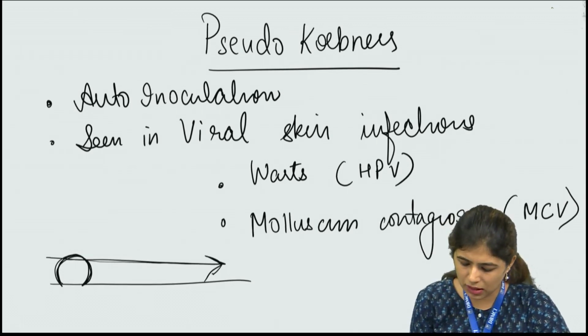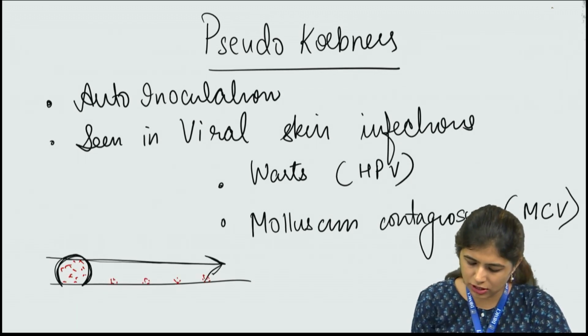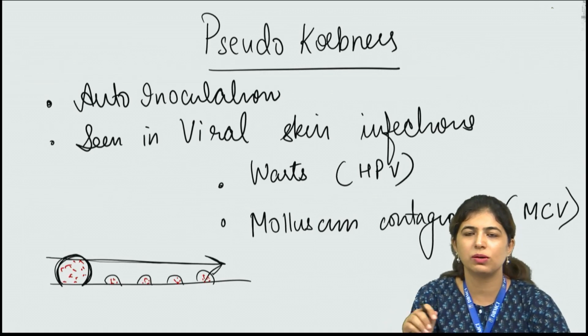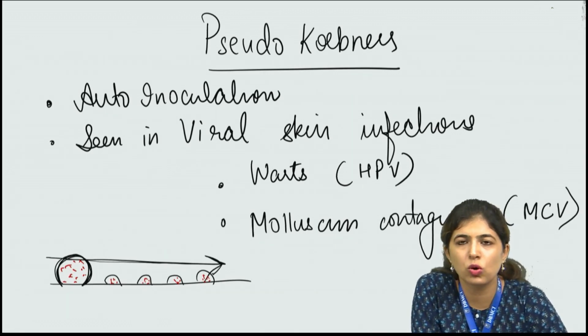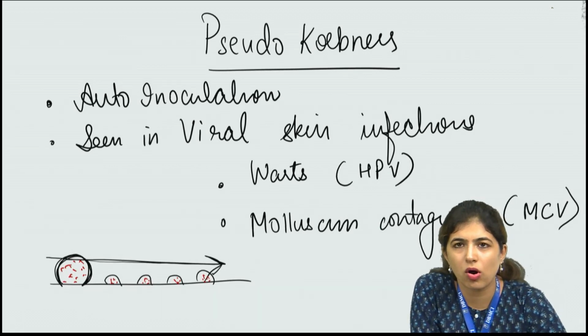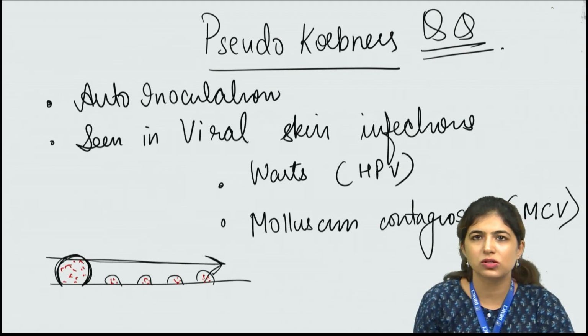So the viral particles which were there in this lesion here, they will get inoculated along the sides of the epidermal injury, and within a short span of time you will have these lesions downstream of the primary wart. So this is called as pseudo-Koebner's, seen in warts and molluscum contagiosum. Very important question. Please do not forget.